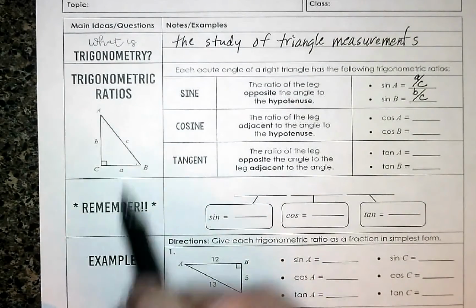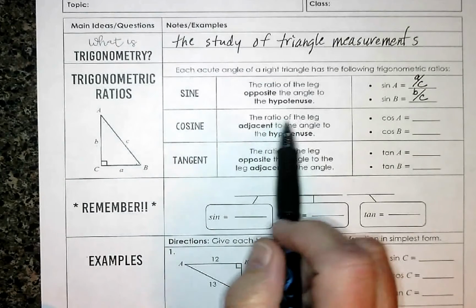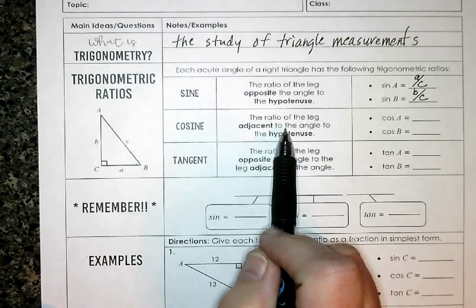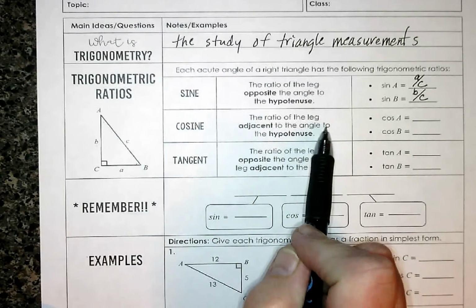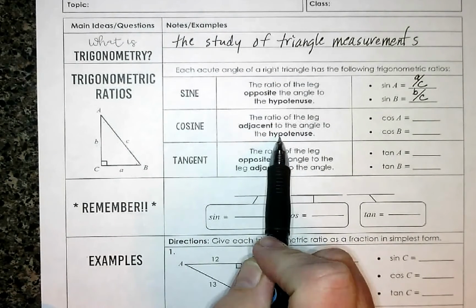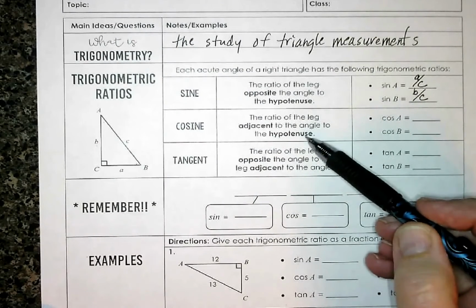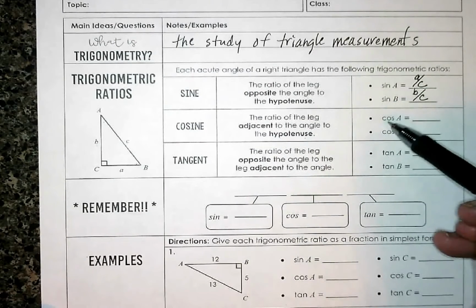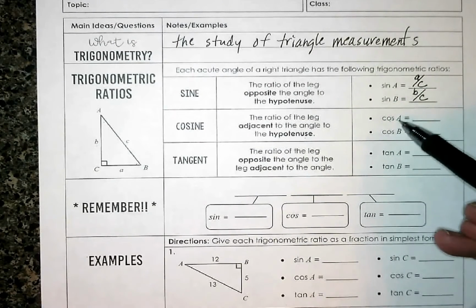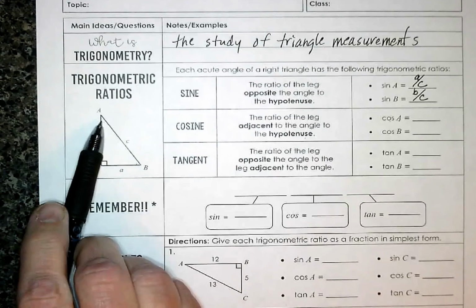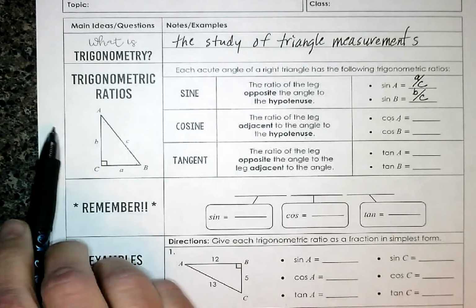Cosine is the ratio of the leg that is adjacent to the angle and to the hypotenuse. So cosine is the adjacent leg over the hypotenuse. Cosine of an angle A, again, it's going to depend on what angle we're talking about.